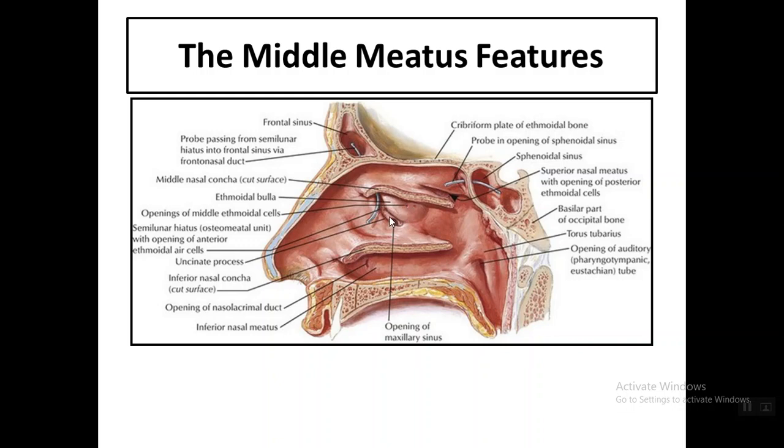Here the curved opening below the bulla is called hiatus semilunaris. Its anterior end is called infundibulum, which will lead into the frontal sinus. The opening of the maxillary sinus is also into the hiatus semilunaris.